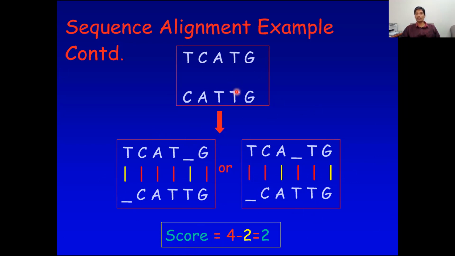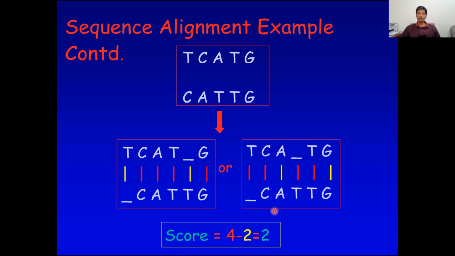Okay, then this one. What is the score? T to T is 1, G to G is 1. So that is +2. And these are all mismatches, -1, -2, -3. So +2 and -3 gives -1. So this definitely has a lower score, -1 compared to the +2. Do you understand?